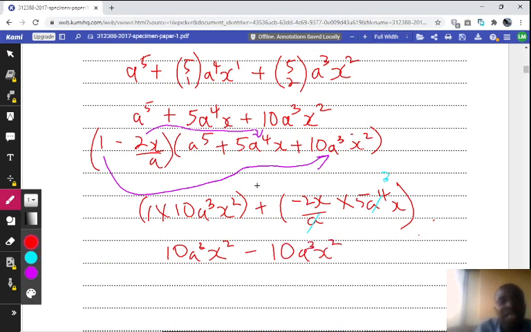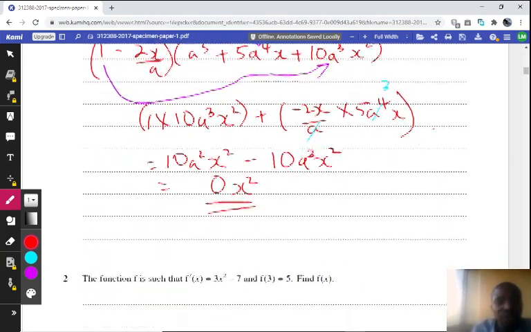So this will be your final answer. If you simplify this, you get 0x squared. So you've proved that the coefficient of x squared is actually 0. Let's move on to the next question. So that's how you prove it, guys.